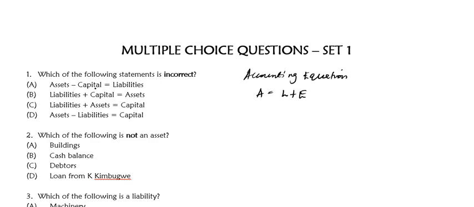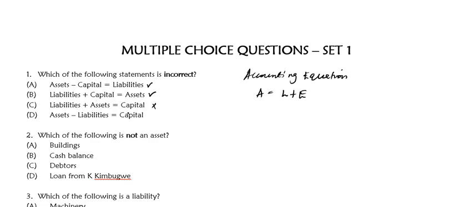Assets minus capital equals to liabilities. That is correct. Liabilities plus capital equals to assets. This is right, so it's correct. Liabilities plus assets equals to capital. When you add liabilities plus the assets, does that give you capital? No, this is wrong.